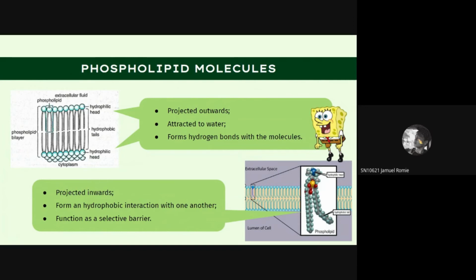They are attracted to water and form hydrogen bonds with the water molecules. As for the non-polar hydrophobic tails of the phospholipid molecules of both layers, they point towards each other and therefore form a hydrophobic interaction with one another. They play an important role in the function of the plasma membrane as a selective barrier. Next slide.